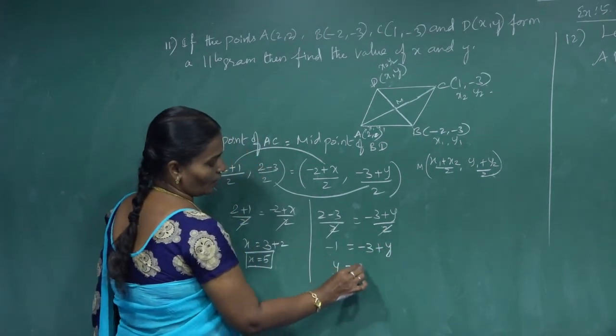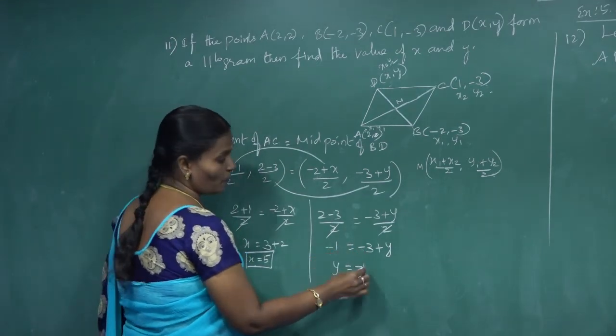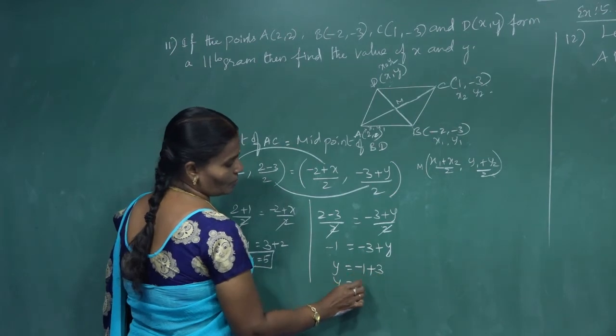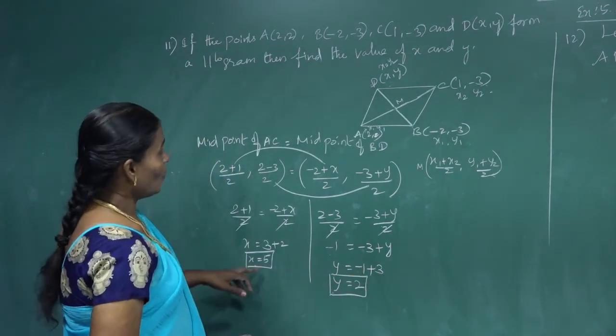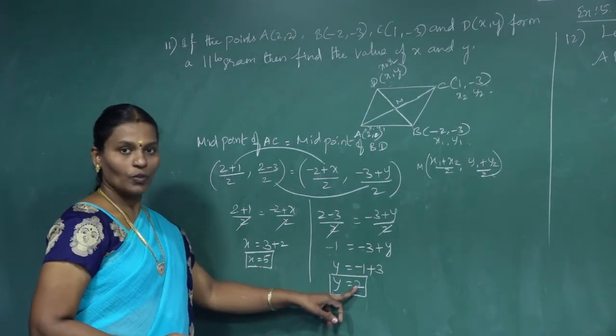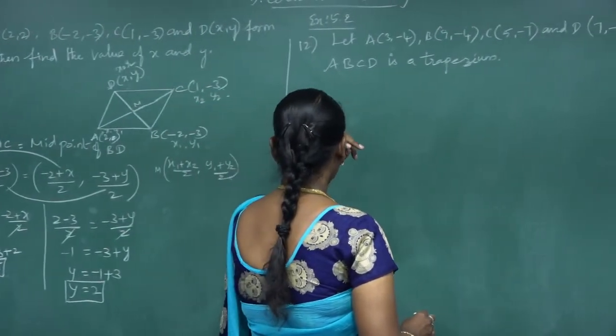So y is equal to minus 1, and this minus 3 moves to the left side and becomes plus 3. So y is equal to 3 minus 1, which is 2. So the x value is 5 and the y value is 2. Understand, children? Good.